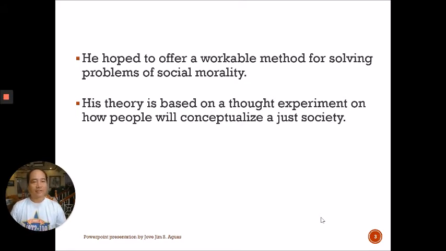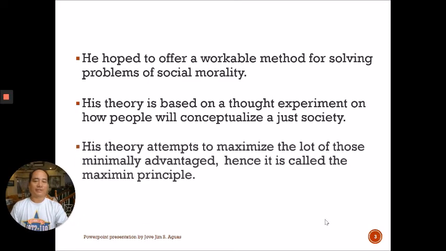It's a thought experiment on how people will conceptualize a just society. So he was thinking, how would people formulate rules that will somehow make their society just and fair? So that's the motivation of John Rawls for proposing this theory of justice.